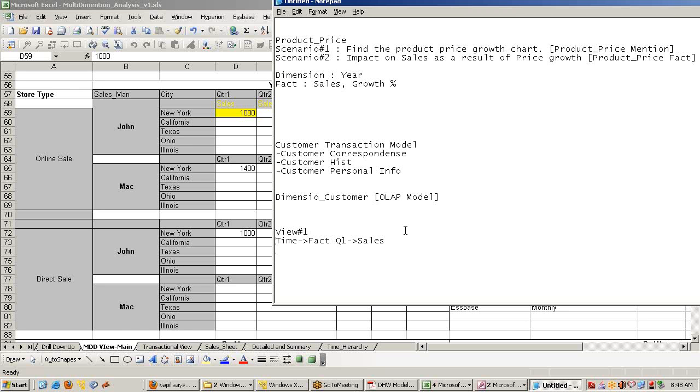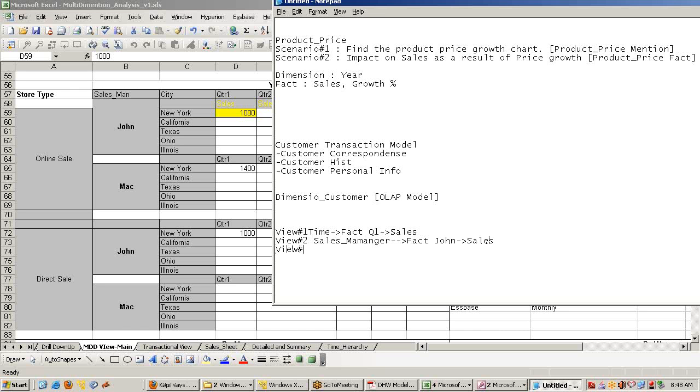Second view, we look at another intersection, sales manager intersection with fact. With fact is your sales. So example, John, the sales manager, and my fact is sales.